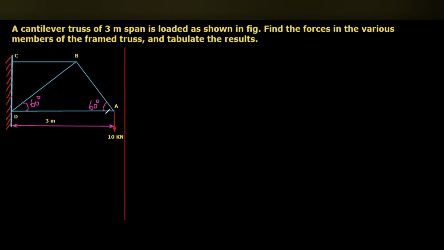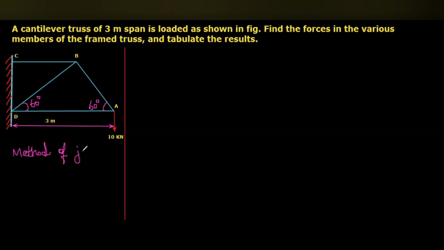So here we are first going to solve by using method of joints. Method of joints means we consider the free body diagram of each joint and consider each joint to be in equilibrium.